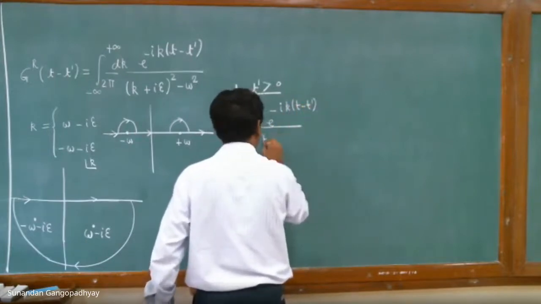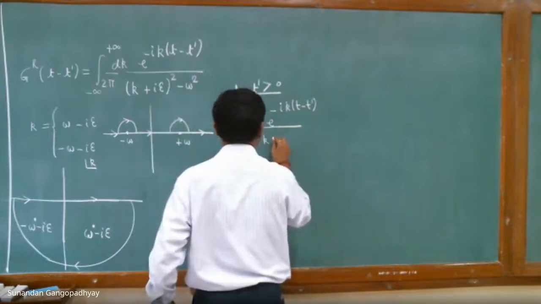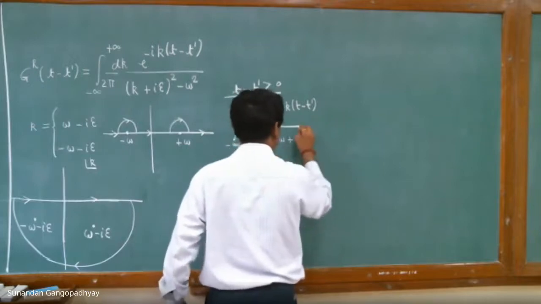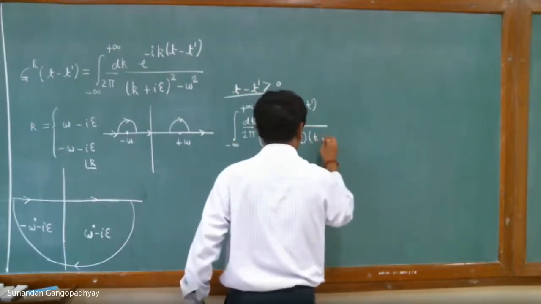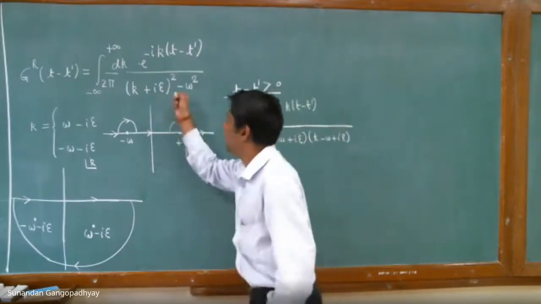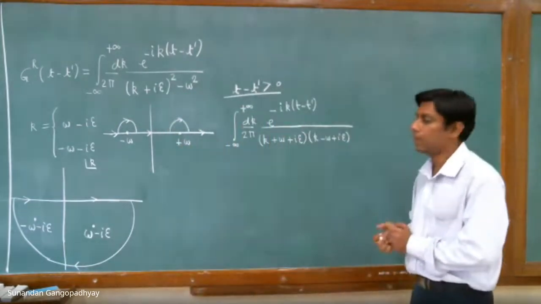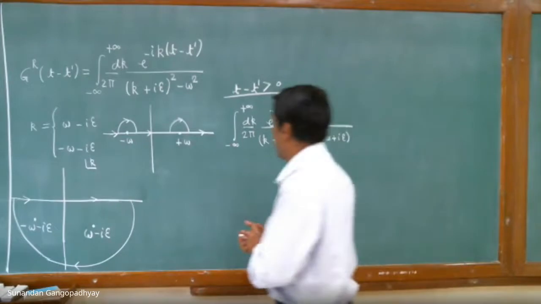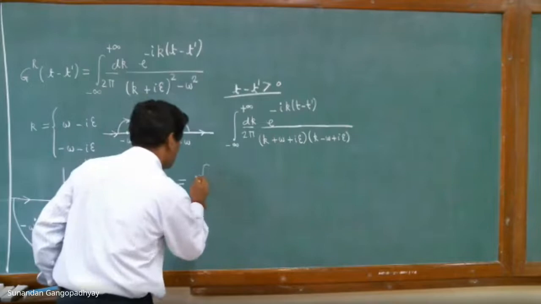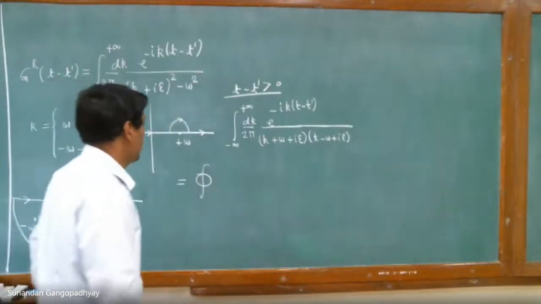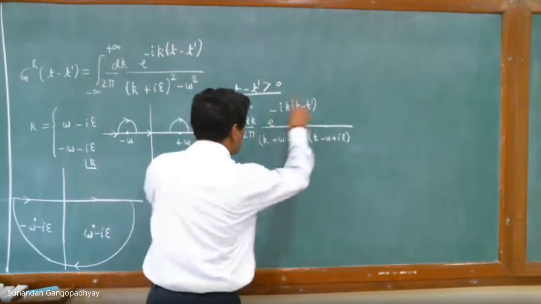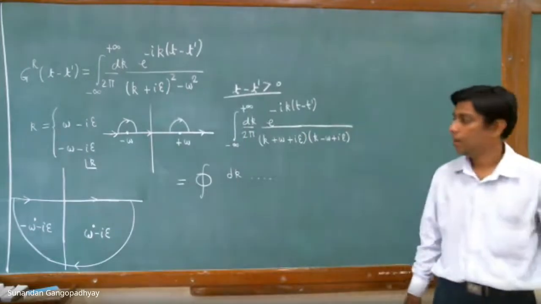So this factor we can write as (k plus omega plus i epsilon) and then (k minus omega plus i epsilon). This is a square minus b square, so you apply the formula for that. And therefore, this thing is nothing but equal to the closed contour integral, in the same integral. This is equal to this.